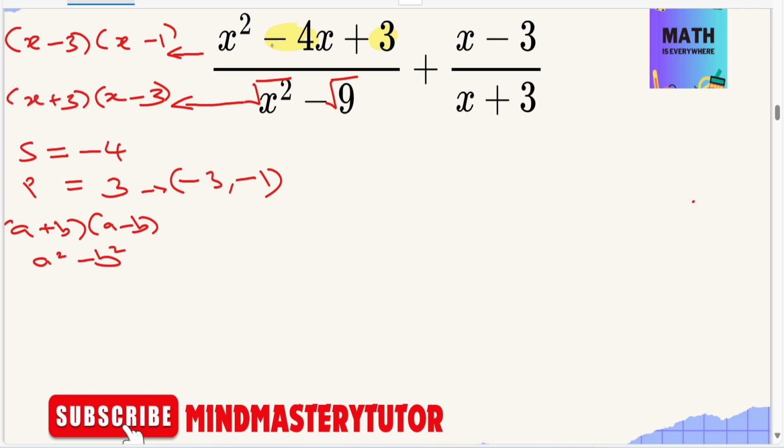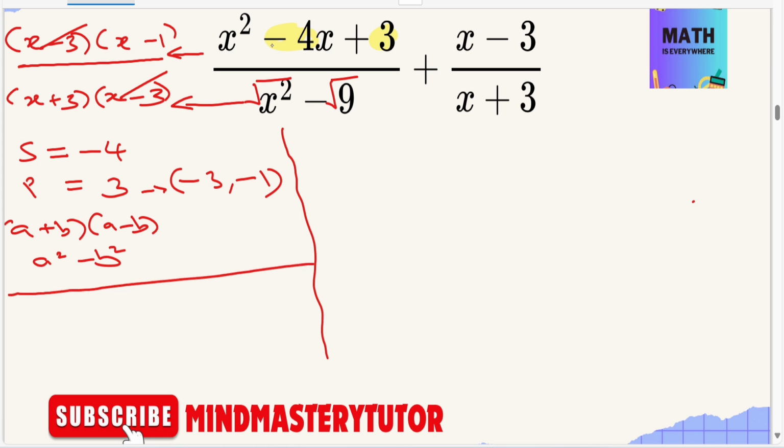Sawa mpaka hapo. Na baada hapo, baada tushajua numerator yetu, so obviously kitu ambayo itatoka ni hii hapa. So your final answer katika ya kwanza, it should be like this here.